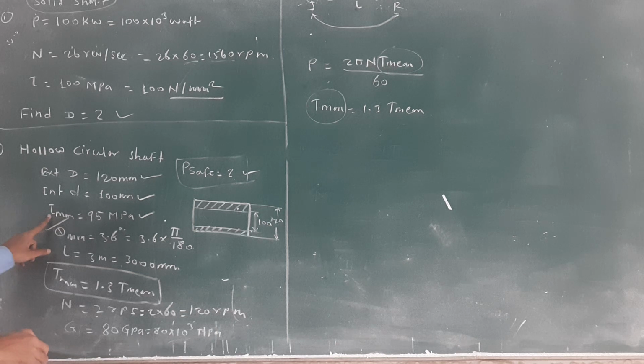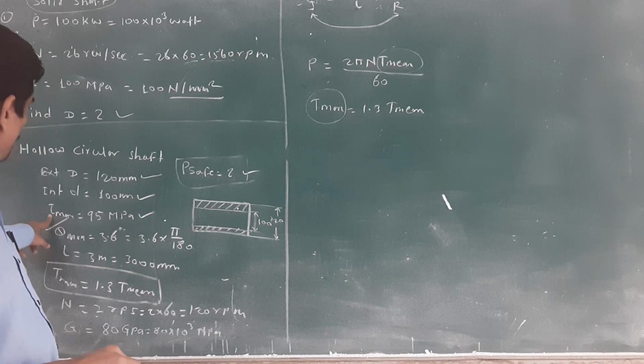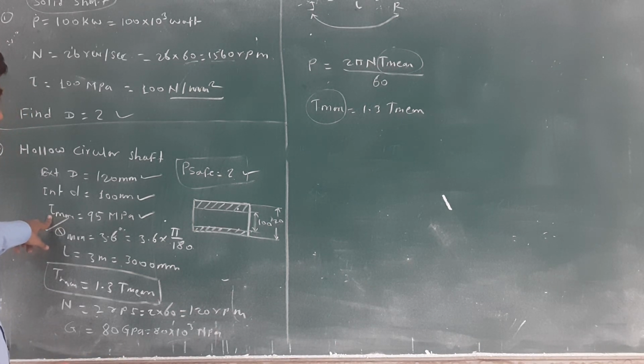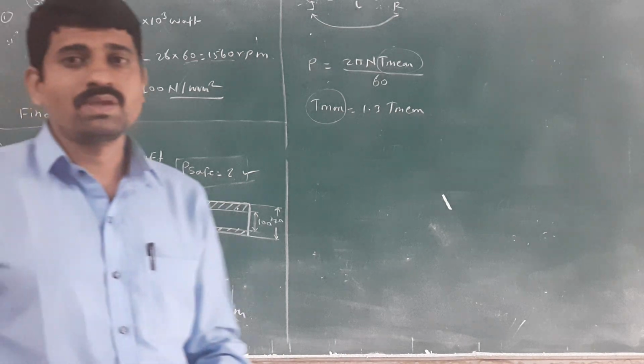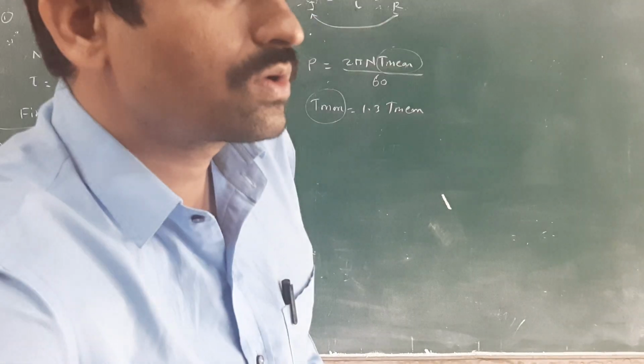First, when the tau max is maximum, at that time we want to find out the value of torque. Again, if the theta max is given as maximum, then we want to find out the torque again.